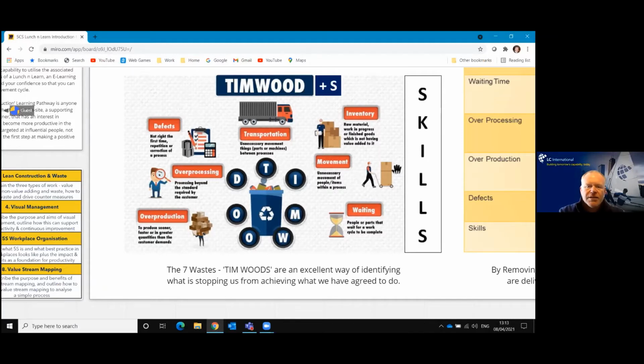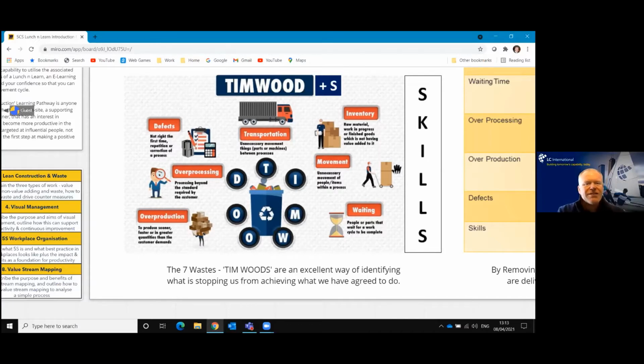It probably creates more defects, because if you've got greater inventory that's not being used, it's a fear of getting damaged. Overproduction can cause overprocessing, because if you've got too much on hand, the chances are you're booking in and out of systems and moving it around the site more. So think about these wastes.